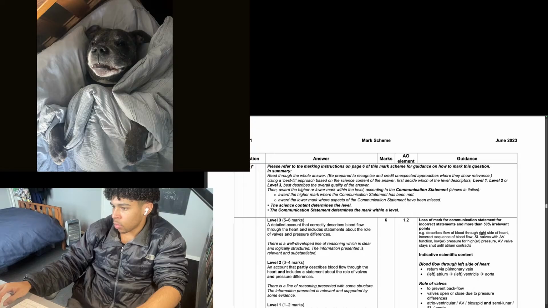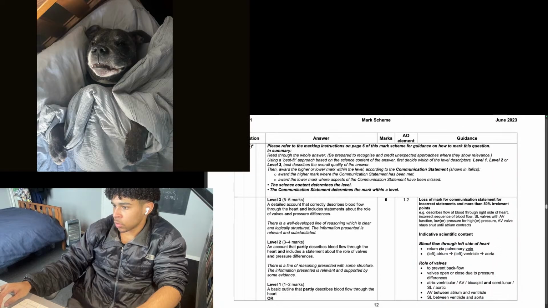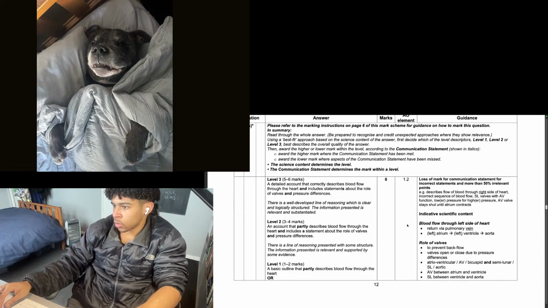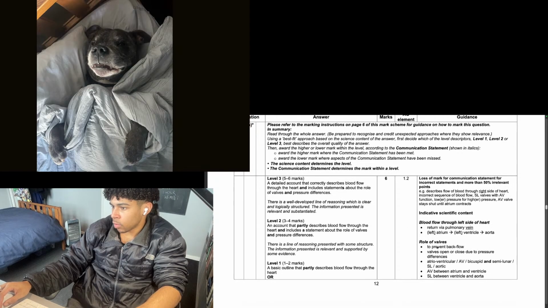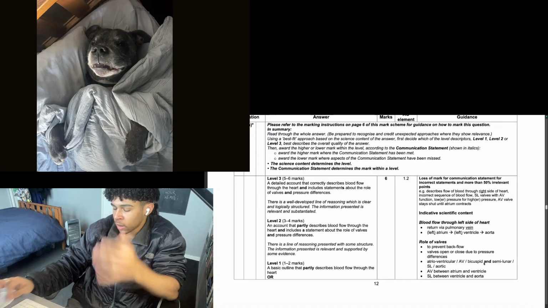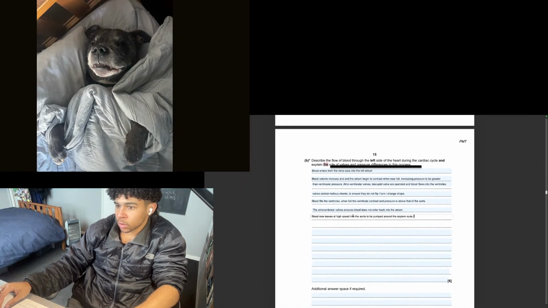Return to the atria via the pulmonary vein. I actually got that wrong, so I'd lose a mark there. But I said left atrium, left ventricle to aorta, so I got blood flow right. What about valve closing and pressure difference? I explained opening due to pressure difference, atrium, ventricles, and semilunar. I did say semilunar, right?